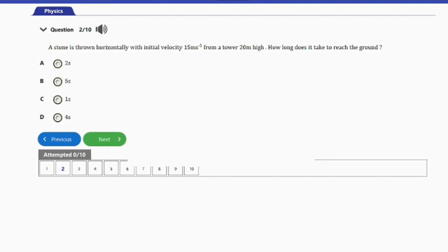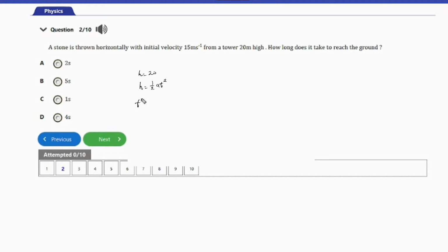If we use the equation h = 1/2 gt², the h given here is the height of the tower, 20 meters, and that's equal to 1/2 times the acceleration due to gravity times the square of the time. We are looking for the time, so we make it the subject of this equation.